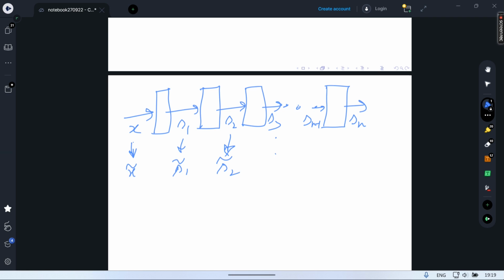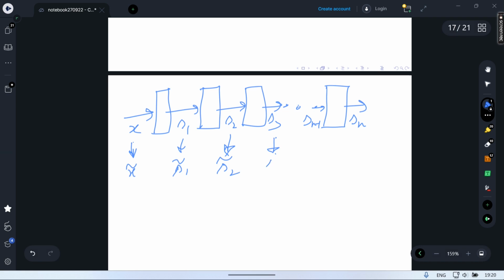So you might want to normalize each of the intermediate states, because each of them acts as an input to the following layer. Okay, so you want to make sure that this S is transformed to a feature which has zero mean and unit standard deviation, like that.